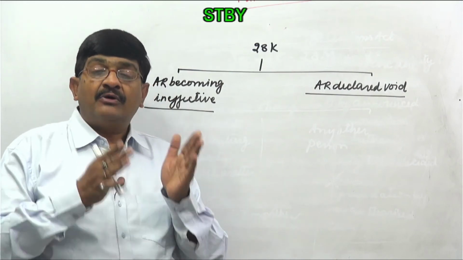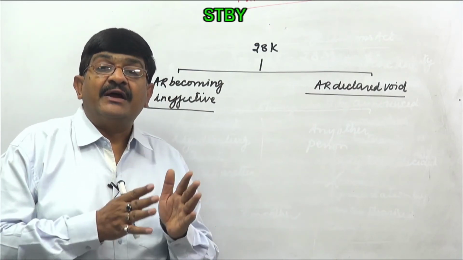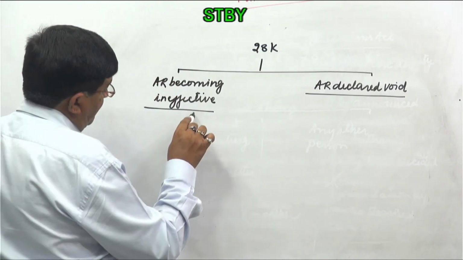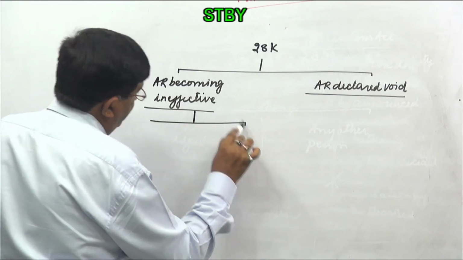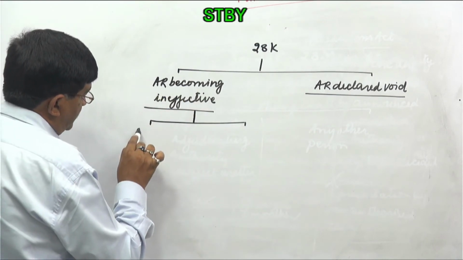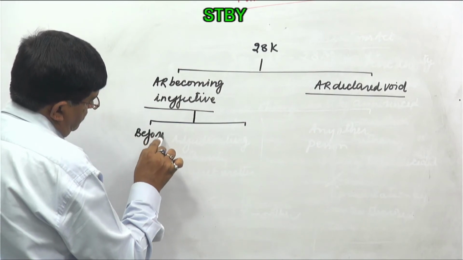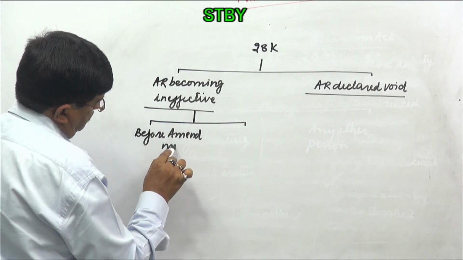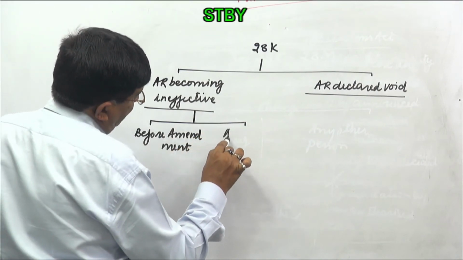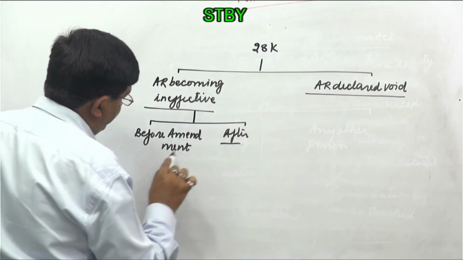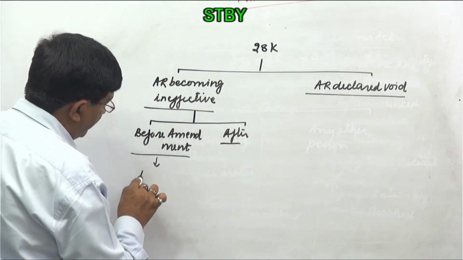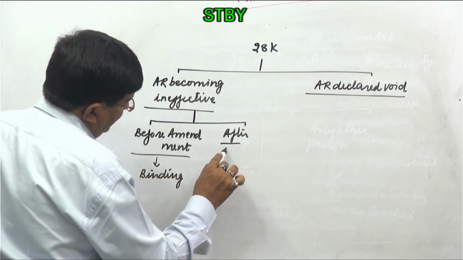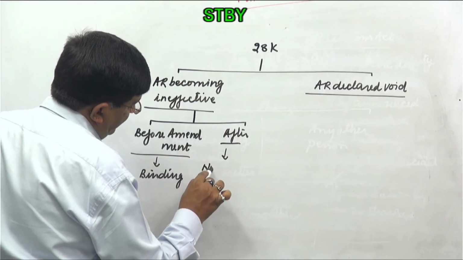Whatever has been done on the basis of advance ruling, that will continue to be valid. So this is before amendment and after amendment. Before amendment and after amendment. So before amendment, this is binding, and then not binding.